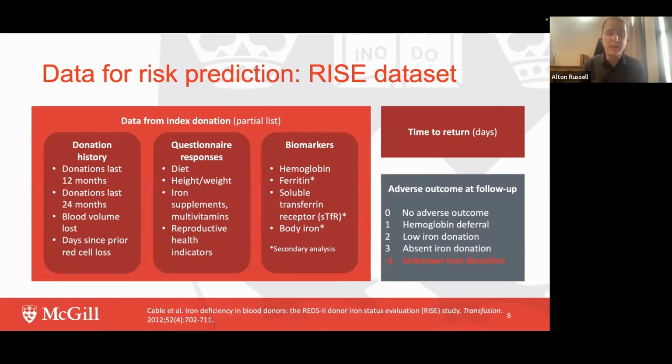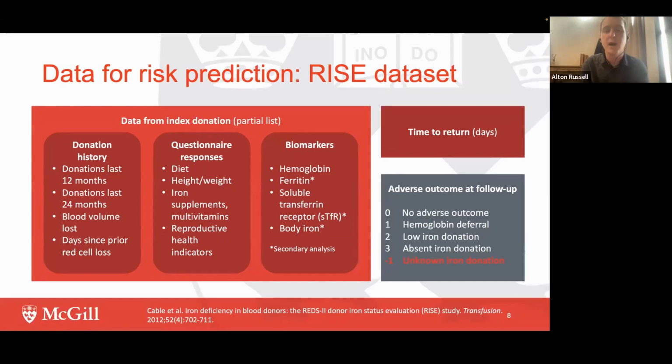I used this data set from the RISE study, which had a lot of rich data that we don't always have for blood donors. So we had donation history variables, questionnaire responses related to diet, height and weight, whether they're taking iron supplements, and then biomarkers. We have hemoglobin for everyone because you have to get your hemoglobin measured to donate blood.